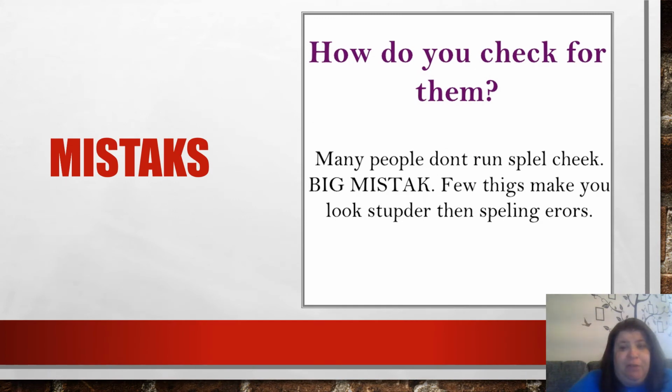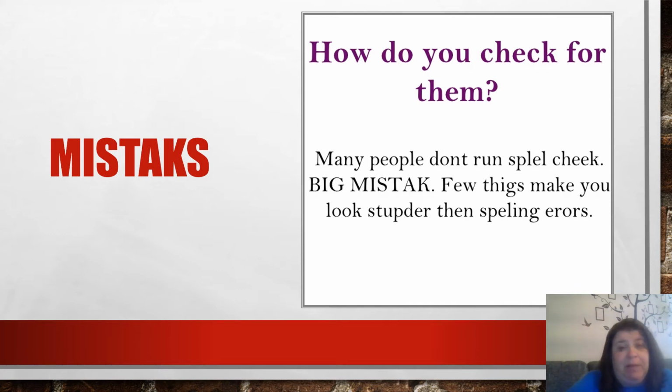And how do you check for them? I mean, read over here. This is one of those sentences that they say not everybody can read. It says, "Many people don't run spell check. Big mistake. Few things make you look stupider than spelling errors." Few things make you look stupider than spelling errors, and as you can tell, everything's misspelled.